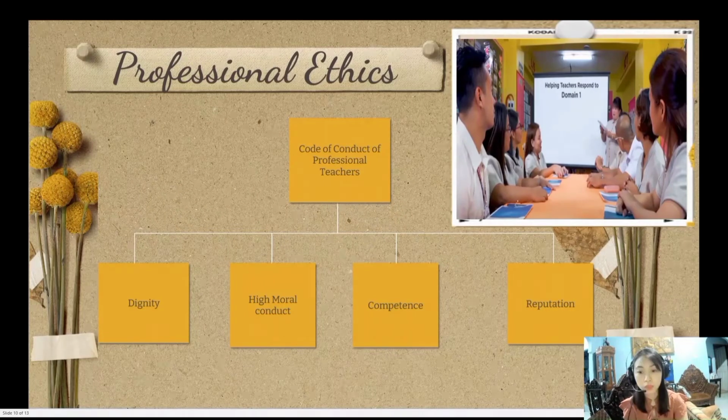Next is the high moral conduct. So teachers must be a role model to their students. We teach the values like treating every student with respect, honesty, kindness, and patience. And of course, fairness.